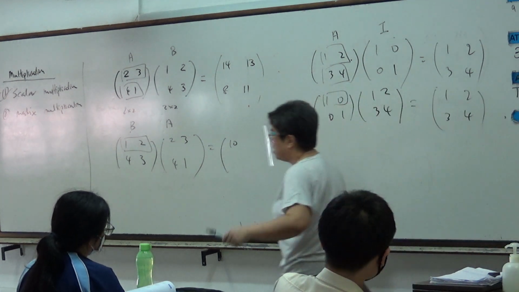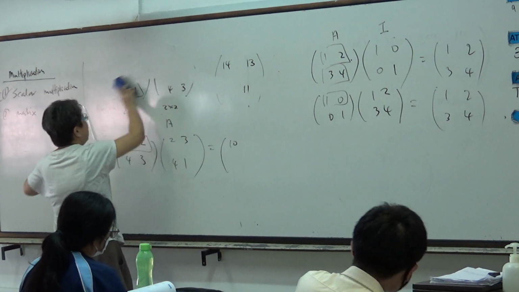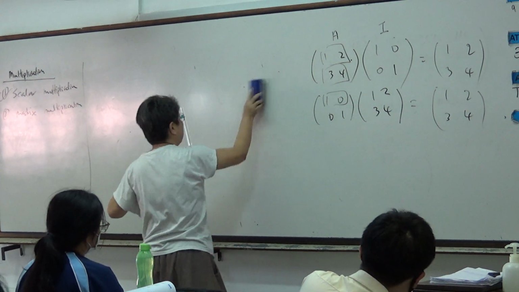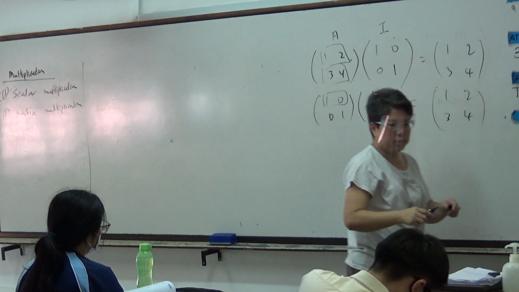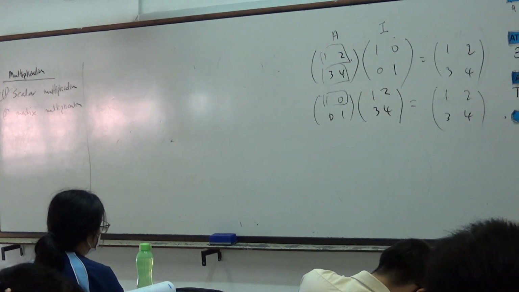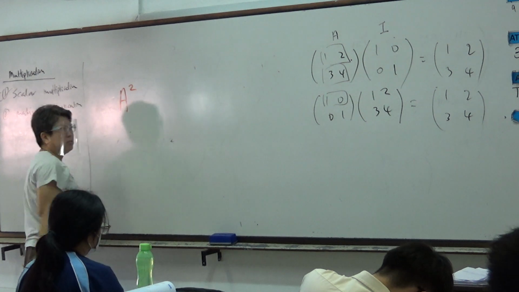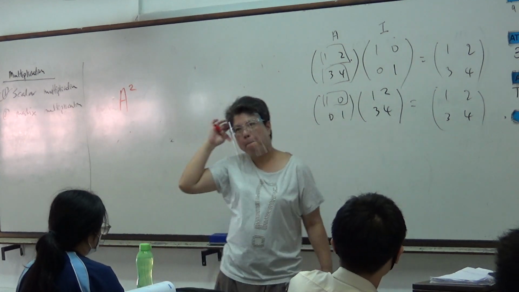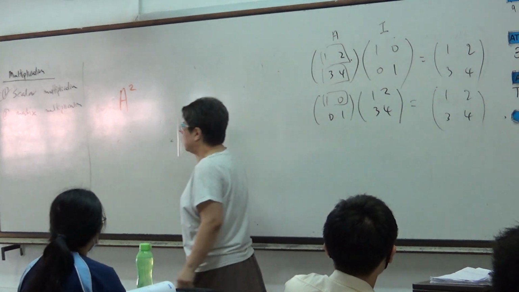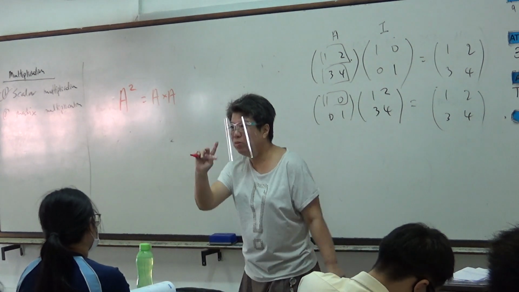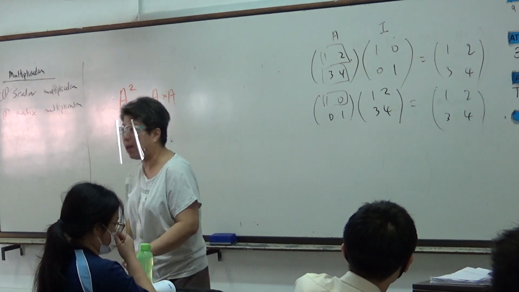Then there's one more thing that is very important that I need to say. For matrix multiplication, what is the meaning of A squared? This is A times A, not the element square, square, square, square.